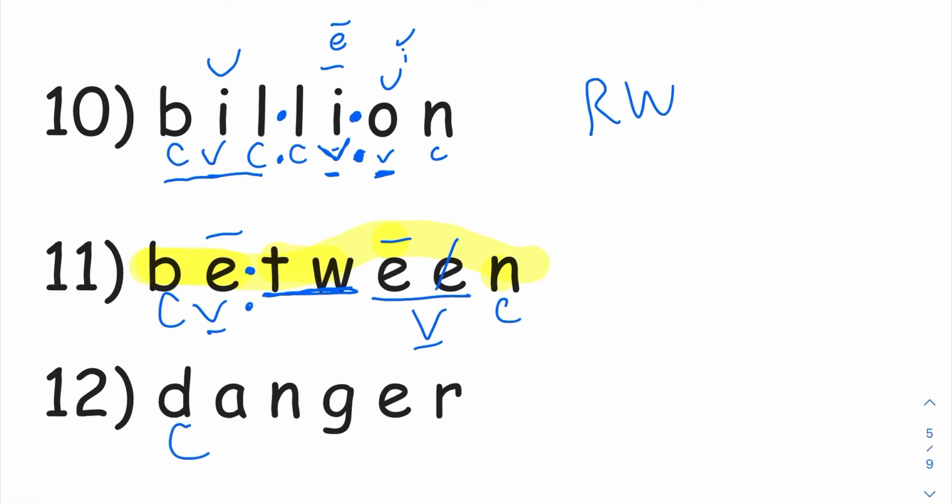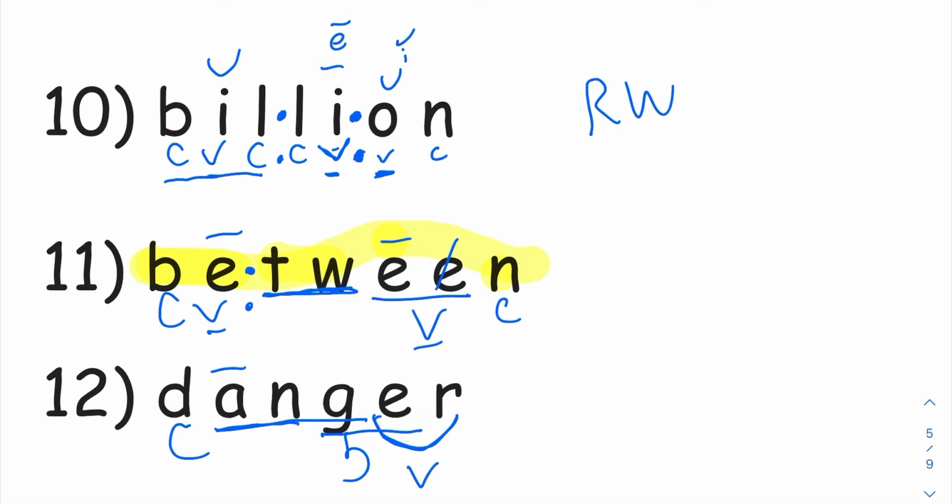Number 12: consonant. Ooh, what do you see? The ang, ing, ong sound. But then look. First best choice for danger.